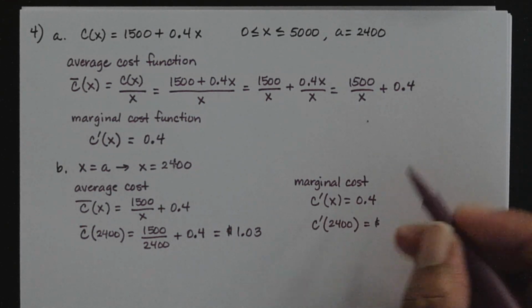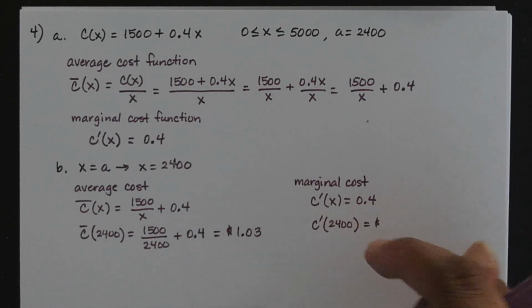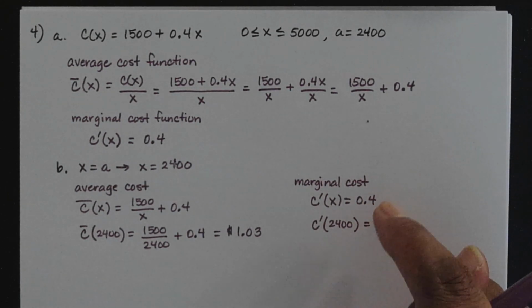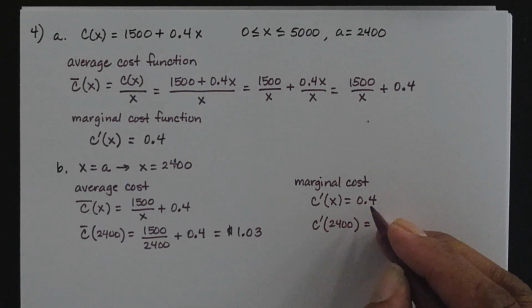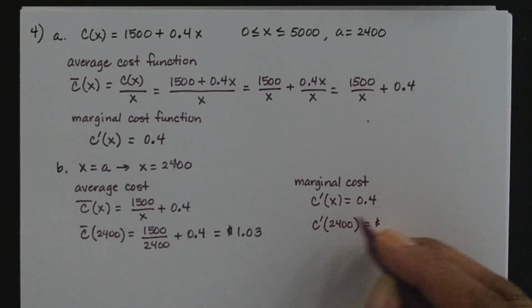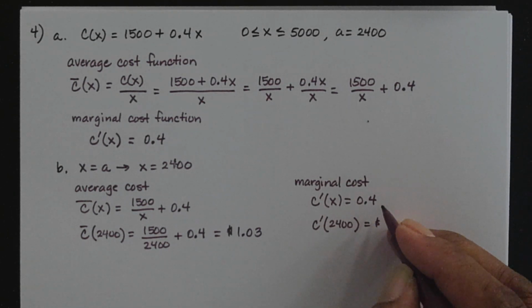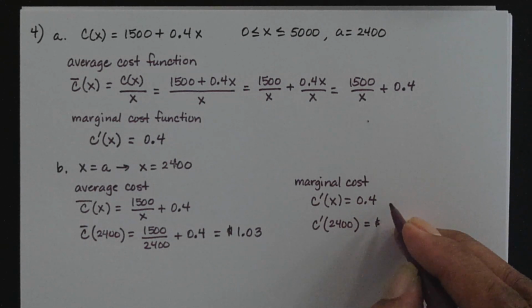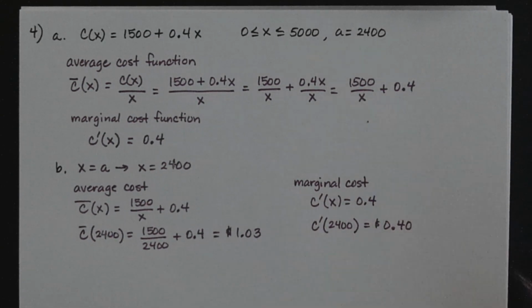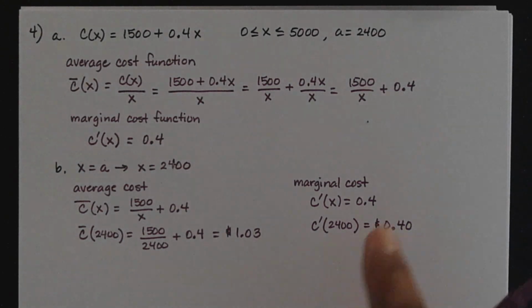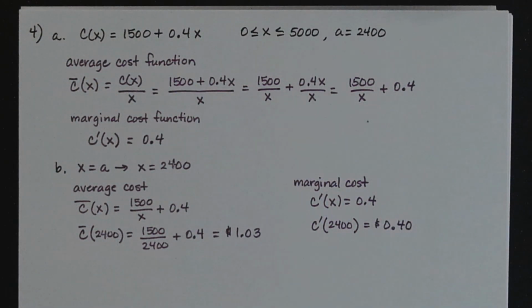Well, you only got 0.4, and there's no x in there for you to replace, so it'd just be 0.4. I was trying to multiply 0.4 by 2,400, but no, there's no x there behind it.